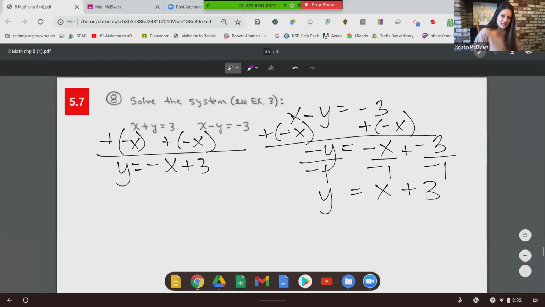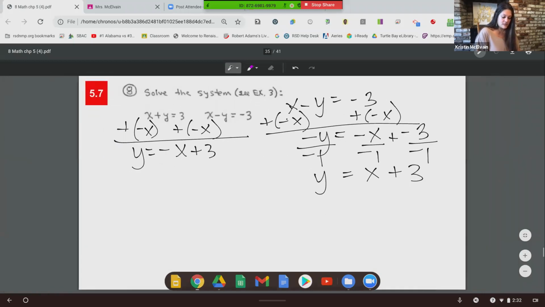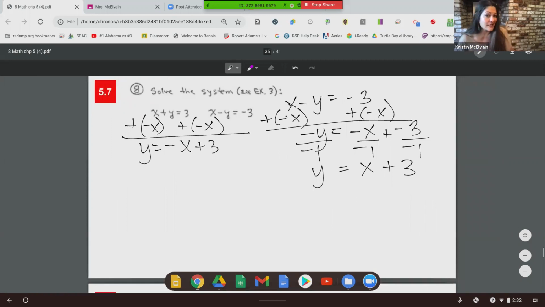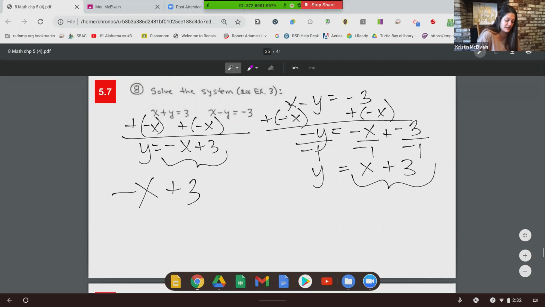Did the problem just get easier? All right. We'll see. I don't know. All right. So if y equals y, then we can put -x plus 3 equals x plus 3. Let's see what happens. Okay, so let's get our x's on the same side.